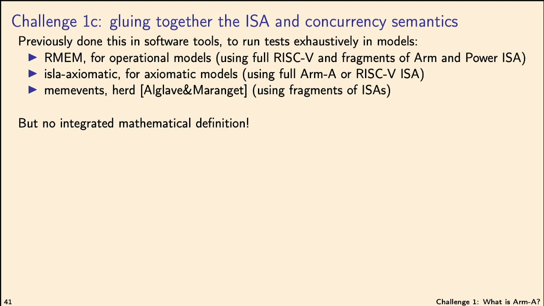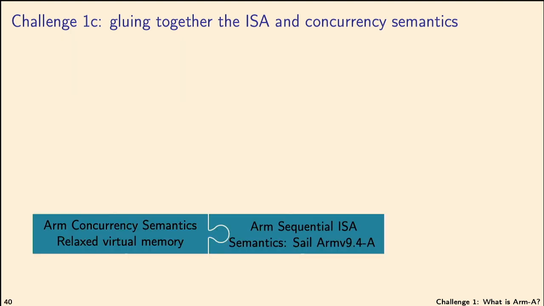So this Isla axiomatic tool by Alasdair Armstrong glues together axiomatic models with the full ARM or RISC-V ISA, so win. The RMEM tool uses the full RISC-V ISA, but for engineering reasons, still only fragments of old ARM. But that's good, but we don't have, and nobody has had, an integrated mathematical definition of that combination, right? We have not yet drawn that little line.